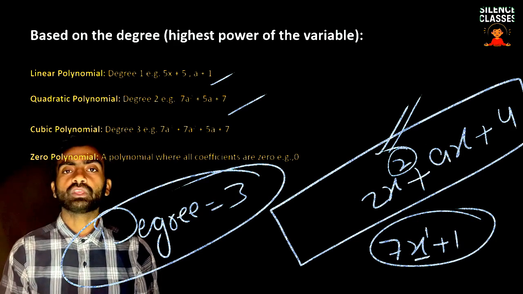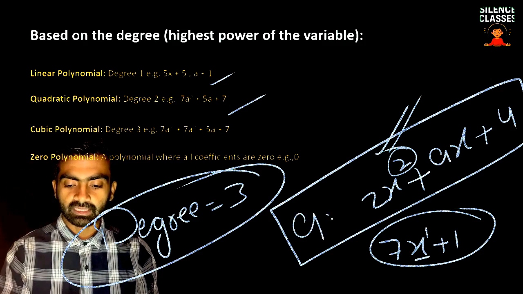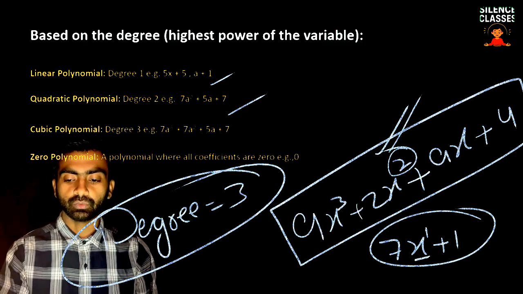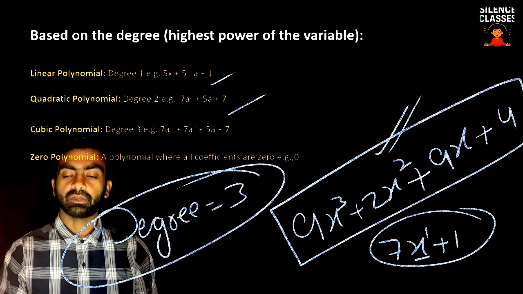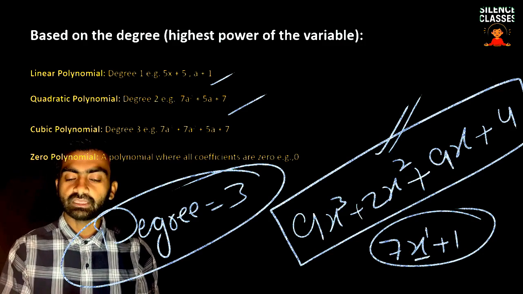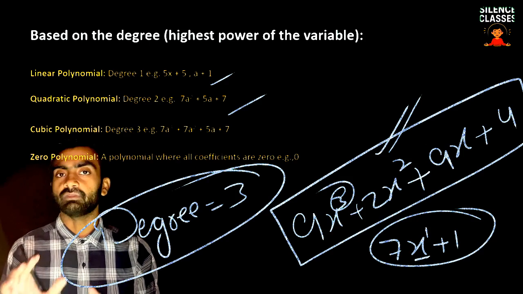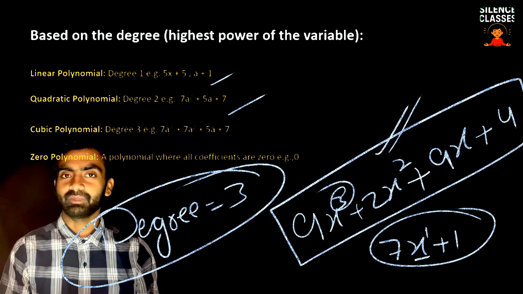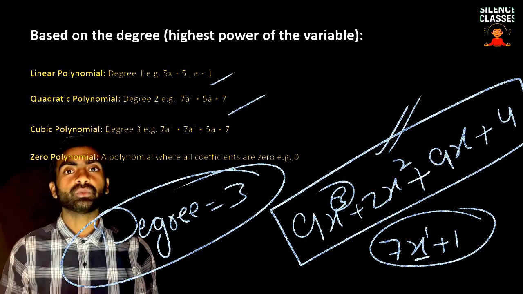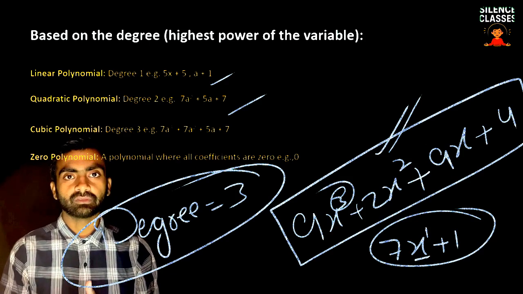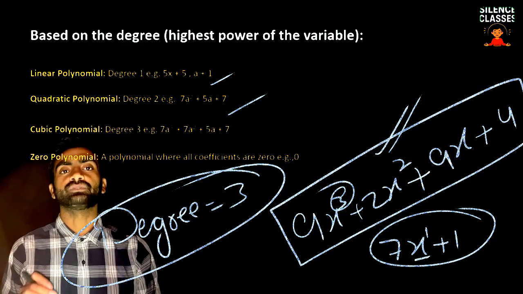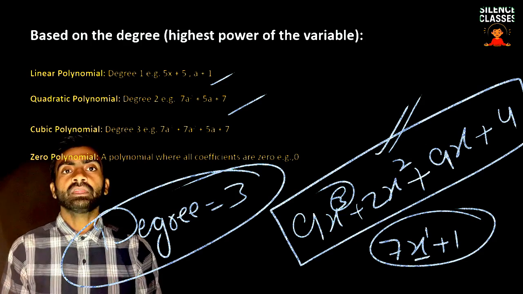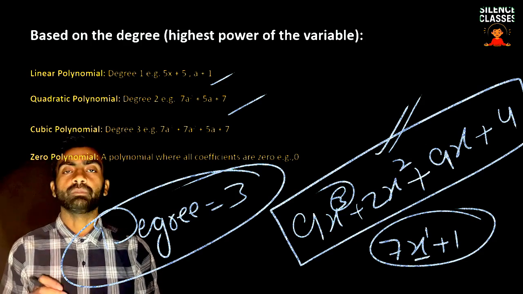Now what is a cubic polynomial? I have already told you, just like this, 9x cube plus 2x plus 9x plus 4. You guys can check that the highest degree is 3 in this given polynomial, so we will say that it is a cubic polynomial. I hope you guys understood what I am trying to say. The highest degree of the given polynomial can clarify which type of polynomial it is on the basis of degree.